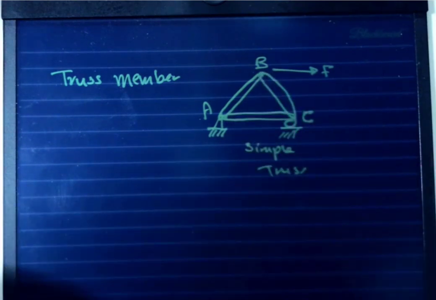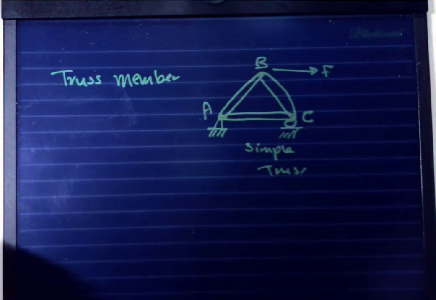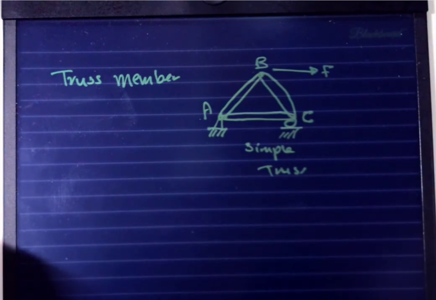As you can see, no reaction forces in between the members, and neither external forces. So that's a simple truss, and we use the previous method of sections or method of joints to solve it.